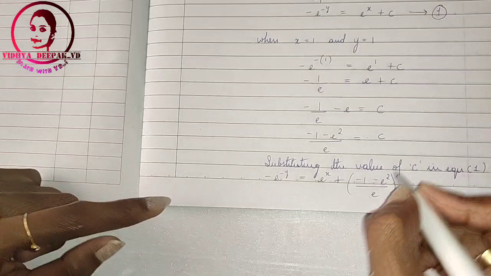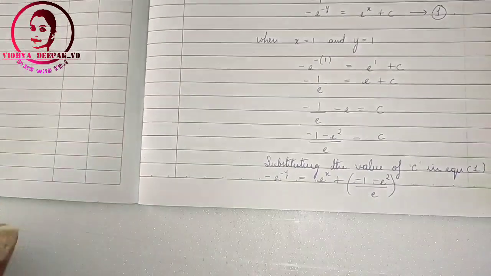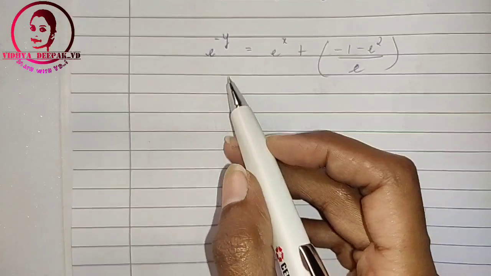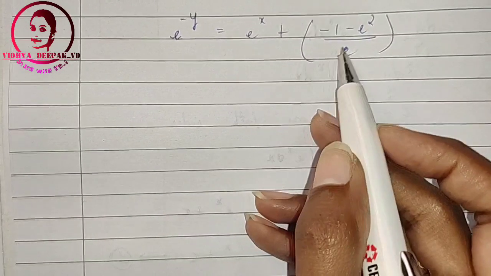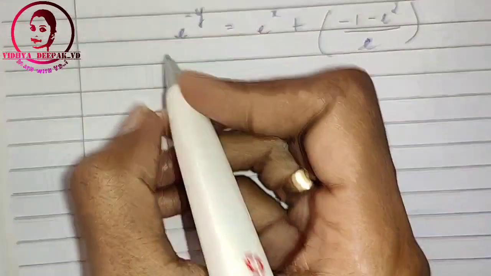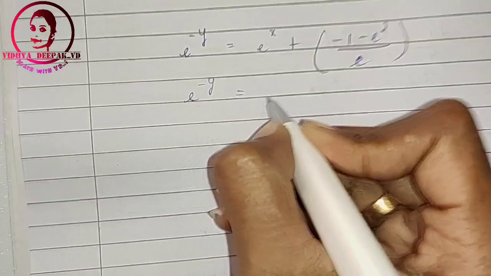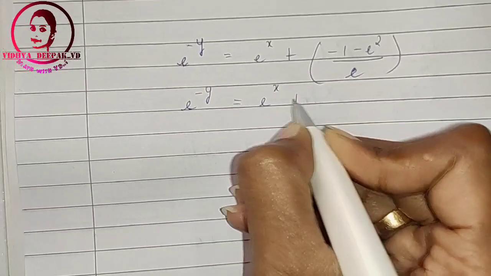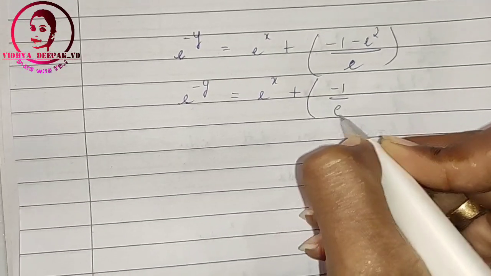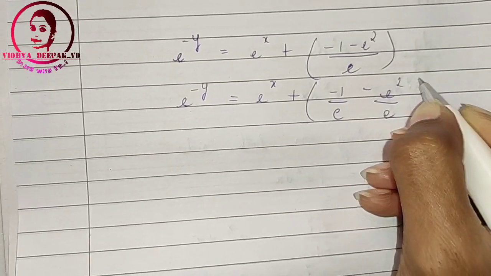So now we have to simplify this. We have e power minus y is equal to e power x plus minus 1 minus e square by e. Simplifying this, what do we get? e to the power of minus y is equal to e power x plus, splitting the denominator, minus 1 by e minus e square by e.